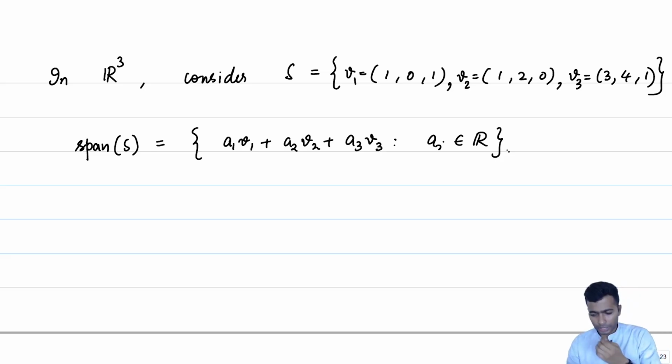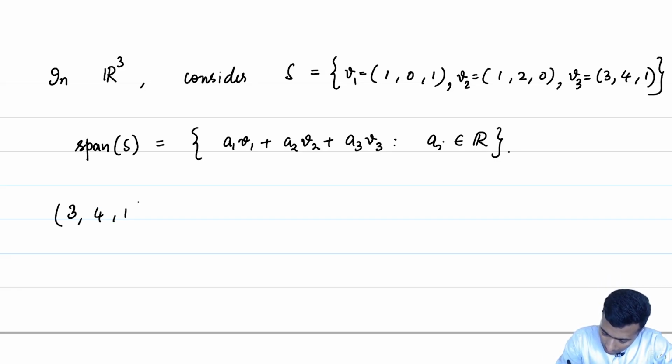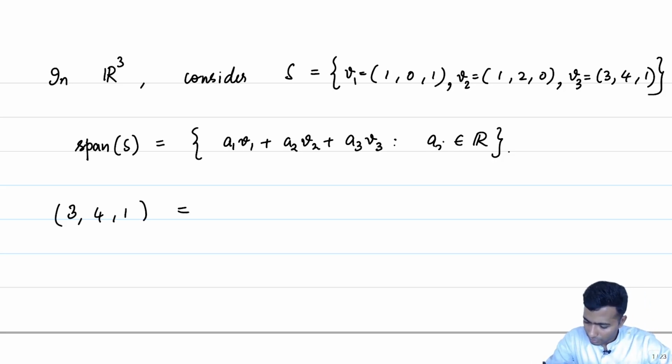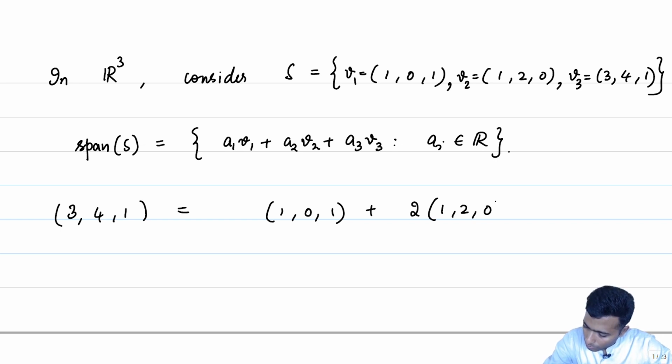But let us carefully look at the set S. The vectors V1, V2, V3 are in some sense satisfying some relation. If I am to show it to you, if you carefully observe, this is just the following. (3, 4, 1) is just 2 times (1, 2, 0) plus (1, 0, 1): 2 plus 1 is 3, 2 times 2 plus 0 is 4, 2 times 0 plus 1 is 1.